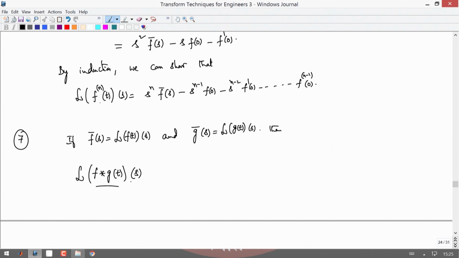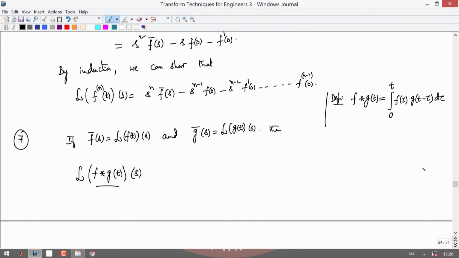What is the meaning of this? Let me write the definition of convolution. f convolved with g as a function of t: you have two functions, and what we do is integrate from 0 to t, f of tau g of t minus tau d tau. This is the definition of convolution. We do not do it from 0 to infinity.